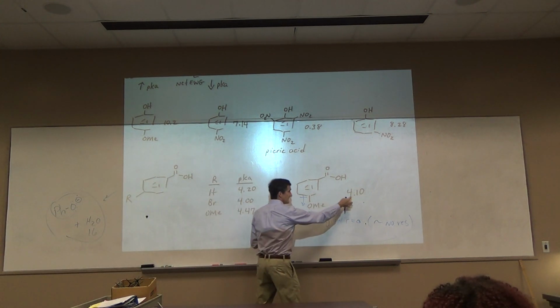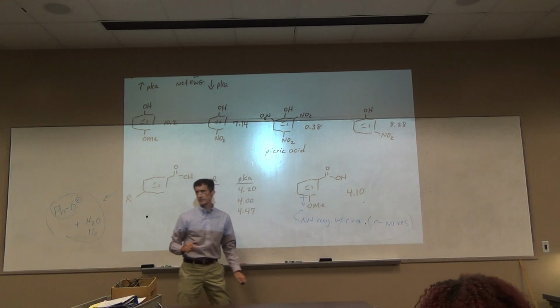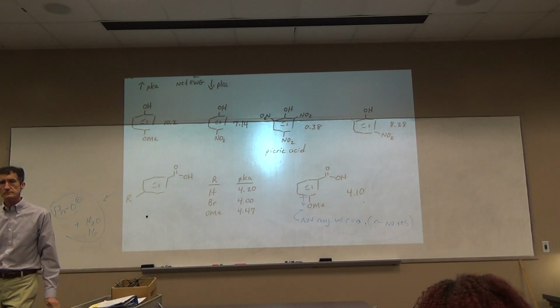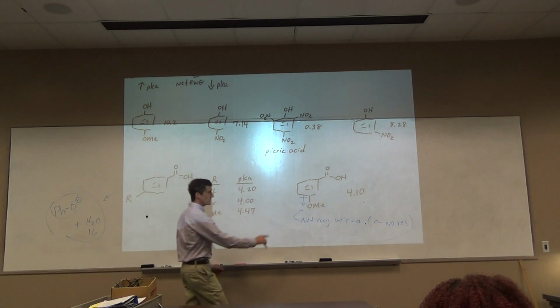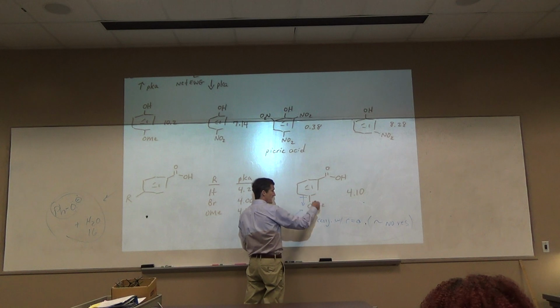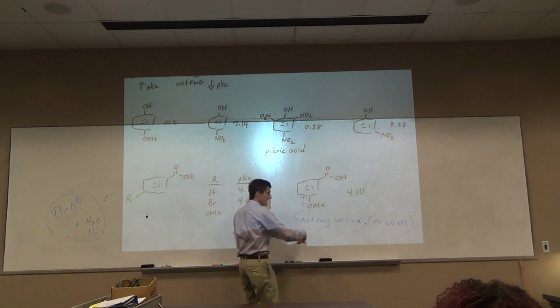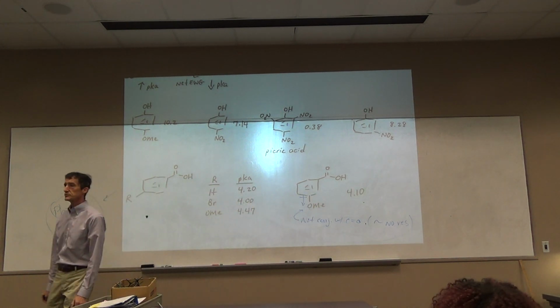The fact that this is more acidic tells us the net effect of the methoxy here: withdrawing. We can tell that from the number, and a number you can determine in lab. The methoxy is acting as a net withdrawer here. Why? Because there's no resonance into the carbonyl, and the predominant effect is the inductive withdrawal.